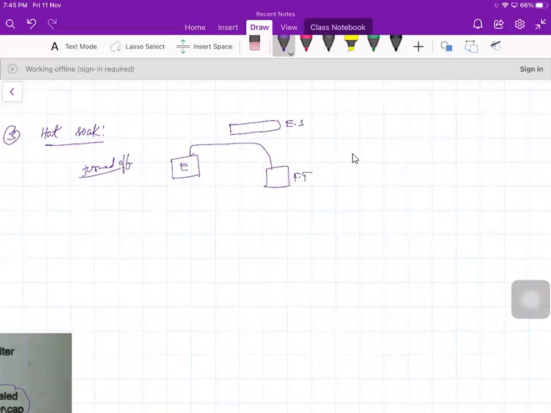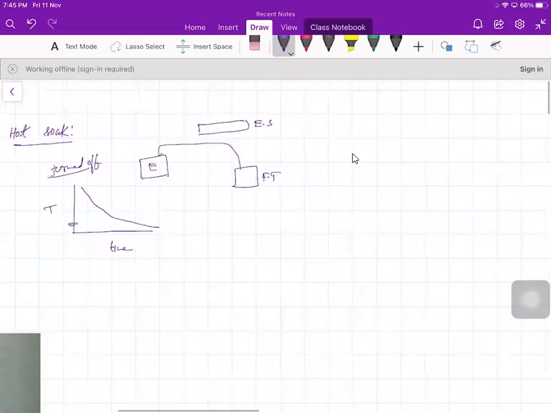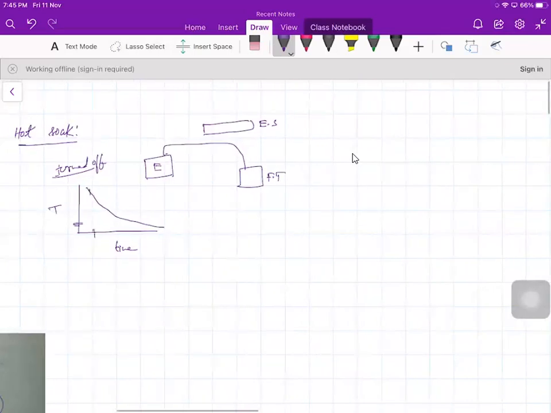It takes time, like if you take the graph, temperature versus time. It takes time to come to the lower temperatures, right? So due to this time period, the engine will be in hot condition itself.